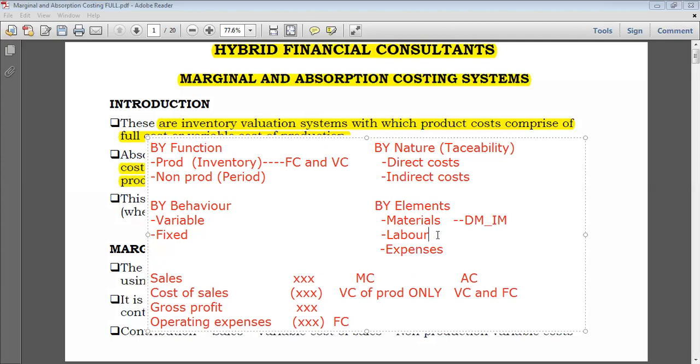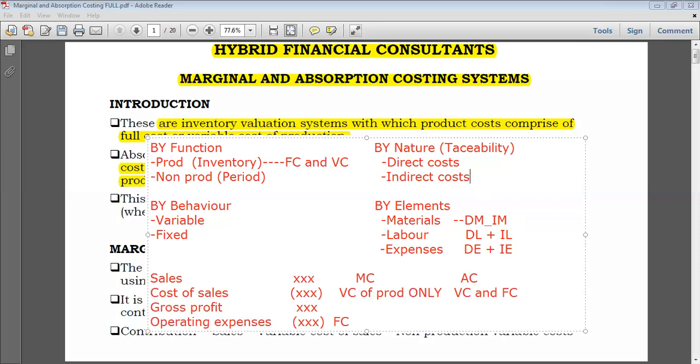When speaking of labor, you can have direct labor, but also indirect labor. Just like when speaking of expenses, which are rarely spoken of, you can have direct expenses, but also indirect expenses.